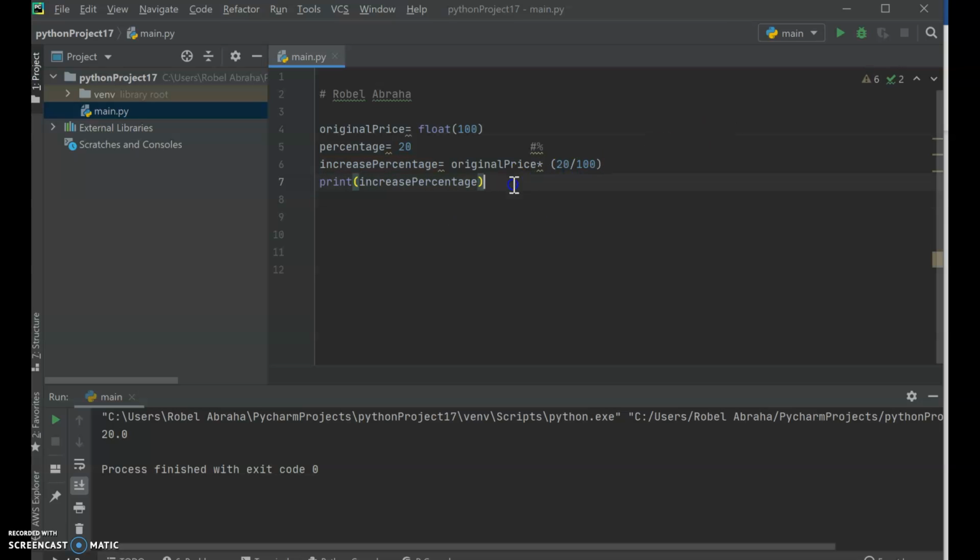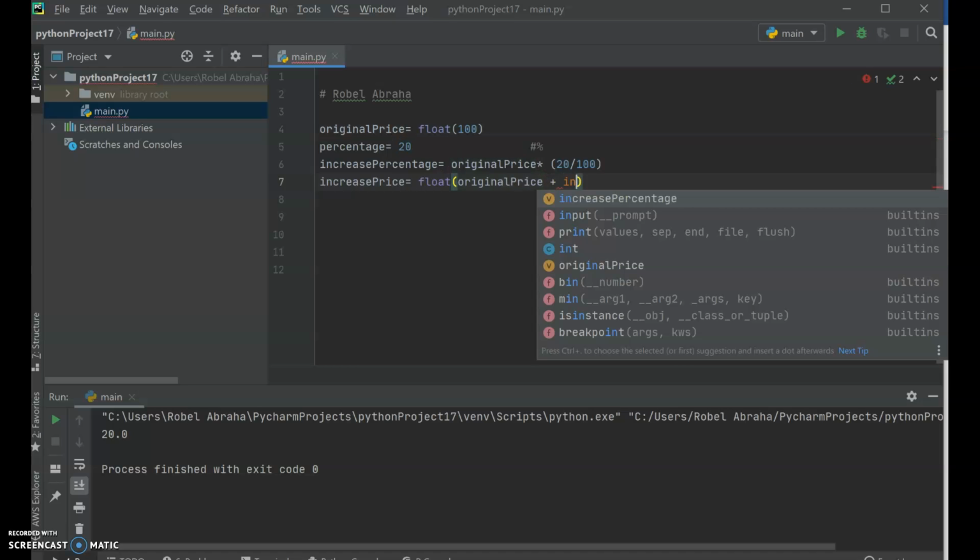Now we are going to find the increase price. Increase price is float of original price plus increase percentage.